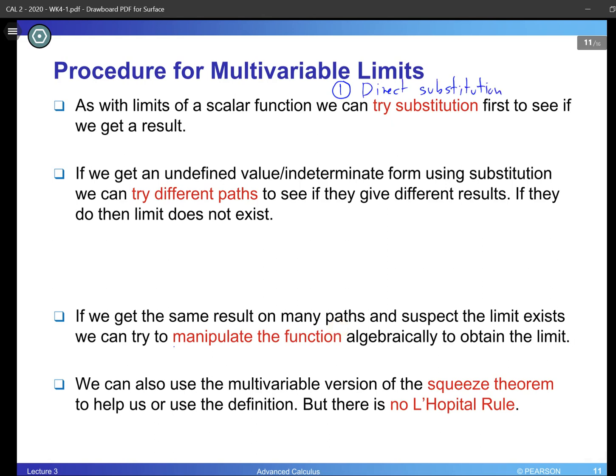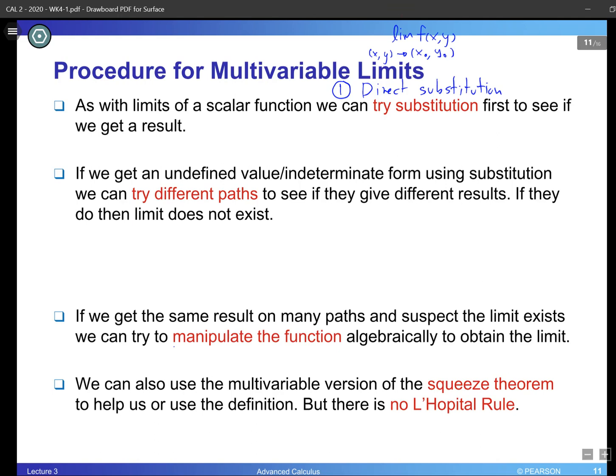Let's say that we have this multivariable limit, f of x and y, and we want to find the limit of this function. And of course, when it comes to limit, the variables must approach a certain value, like this, (x, y) approaches (x0, y0). Sometimes, when you apply the direct substitution to this function, you get the limit's value right away.